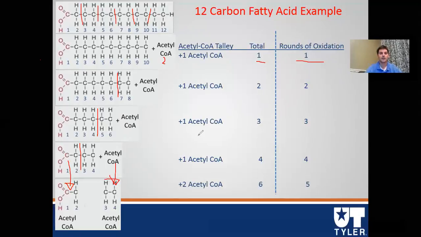My guess is that you probably want me to then go into how to tally up the amount of ATP we have. So let me clear off my annotations there, and we'll do some more annotating.